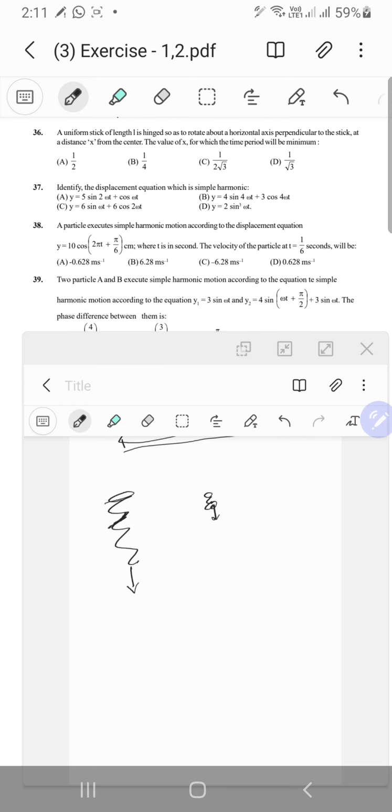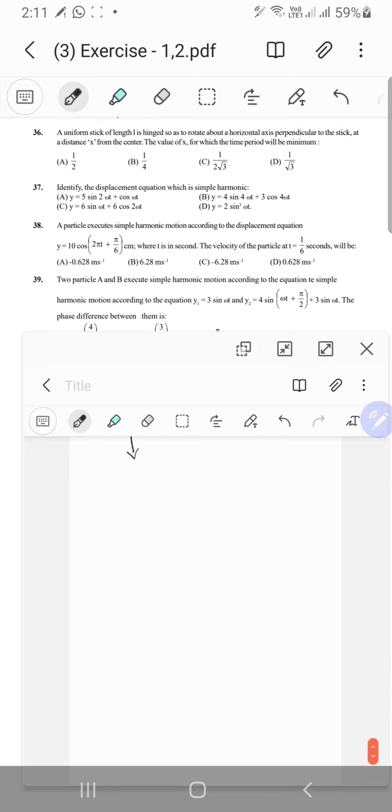Okay, a uniform stick of length L is hinged so as to rotate about a horizontal axis perpendicular to the stick, at a distance x from the center. Wait, what? Okay, so it's not L by 2, it's x.